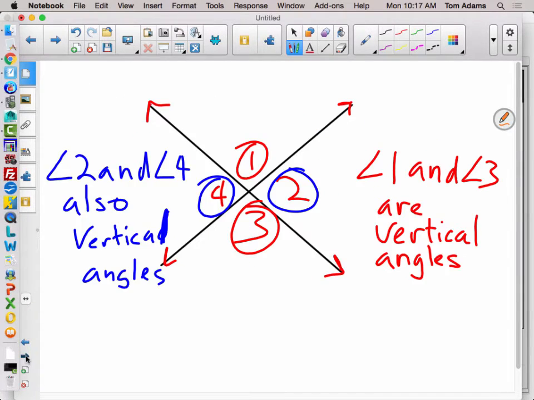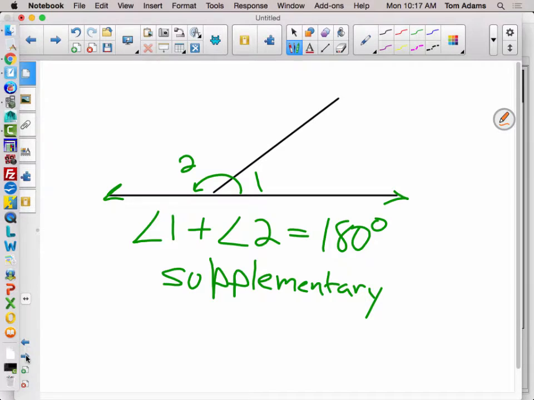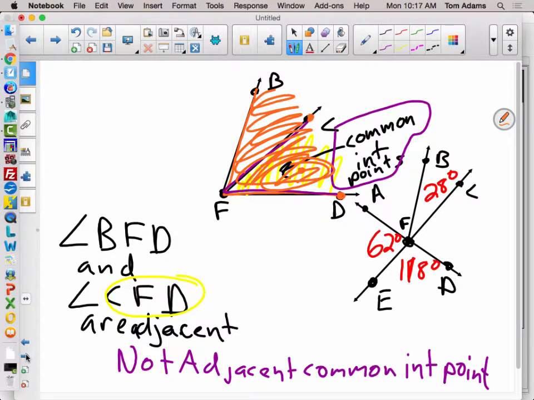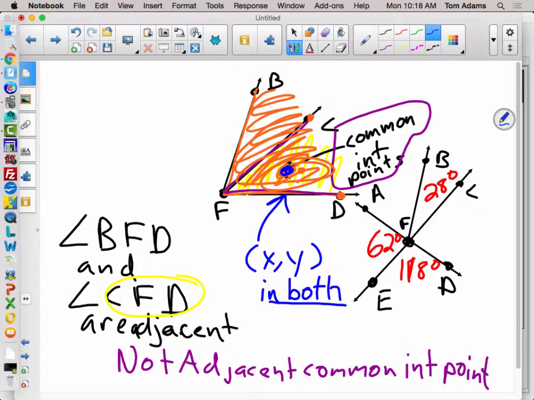But if I go to the example they gave us, and I pick this spot here, well, let me change the color, the spot here as x comma y would exist in both angles, angle BFD and angle CFD.